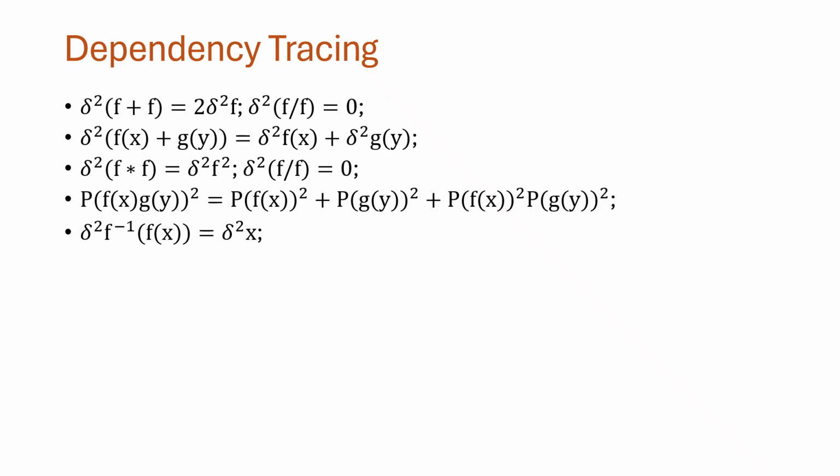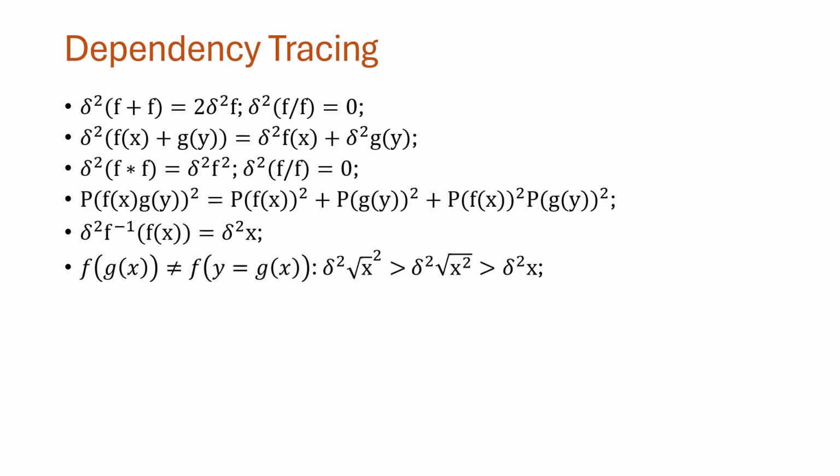Another thing here is if we put f into its inverse function, the result should recover the original input. Here's some example of violation of dependence tracing. We cannot calculate f(g(x)) as first calculate g(x), then use the result, calculate f(x).